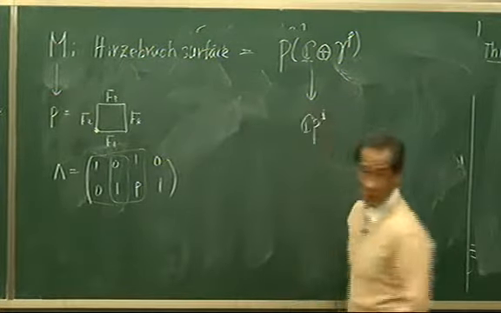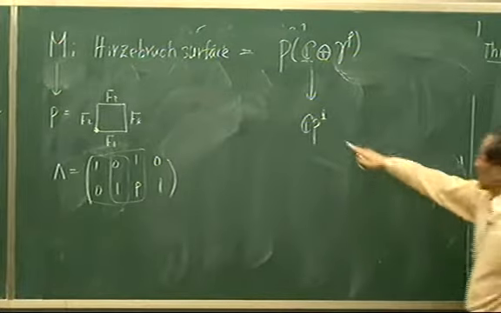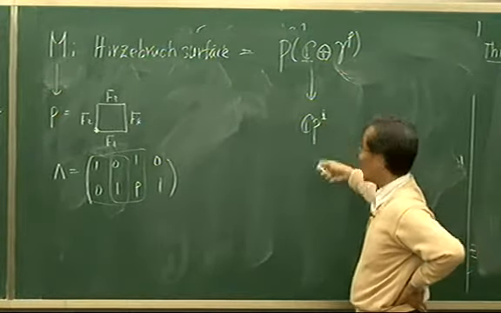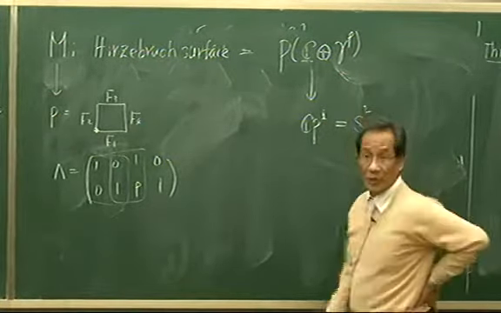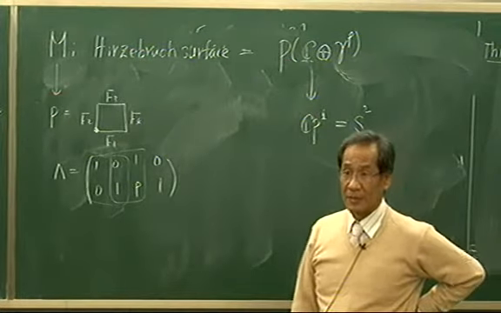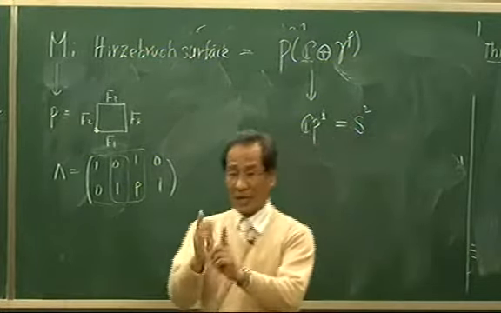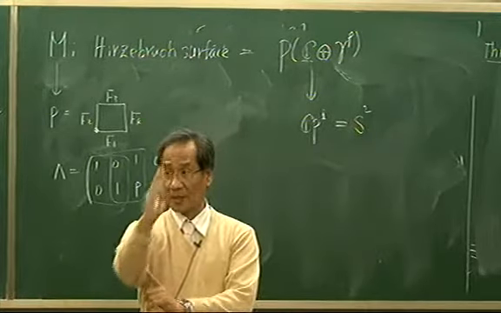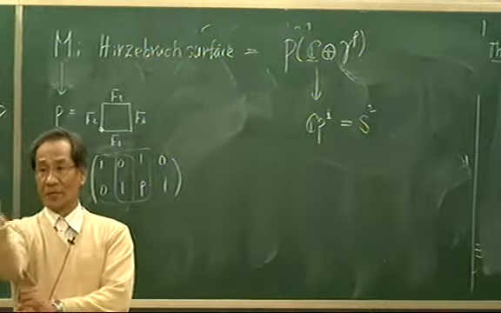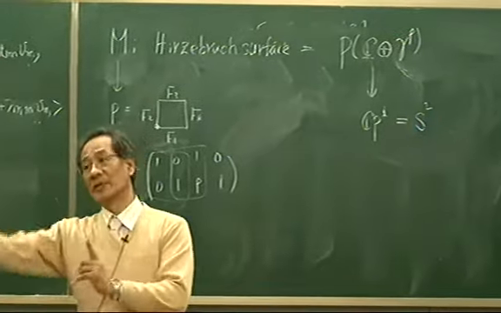What does this mean? You have a complex projective space P1, which is the sphere S2. And then you have a complex bundle, which is a sum of two line bundles, but one is a trivial bundle.